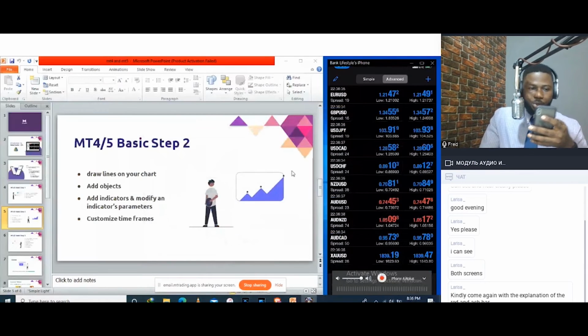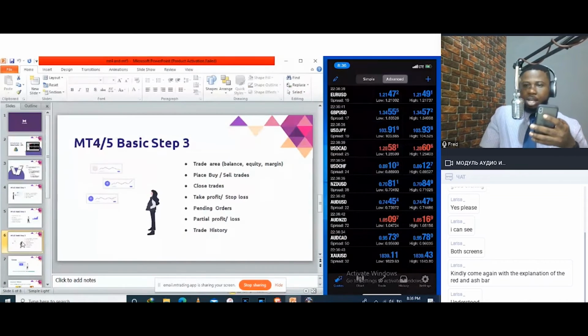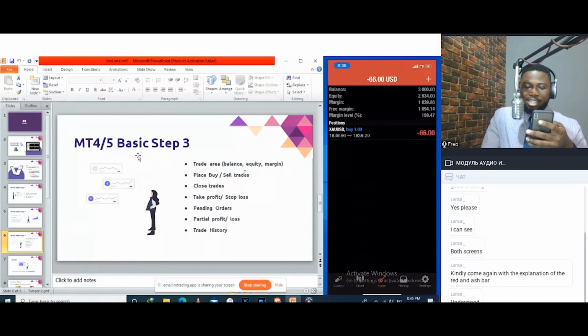So with that said, we are going to the next step. The next step is the trade area. So when we go to the trade area, you can see the balance. The balance is the money you deposited, or the money you had in your trading account before you place the trade. And the next one is the equity.